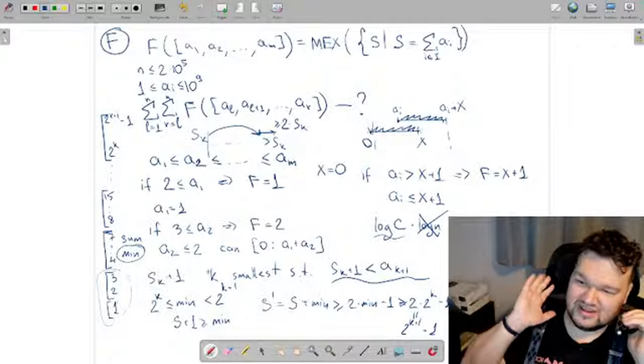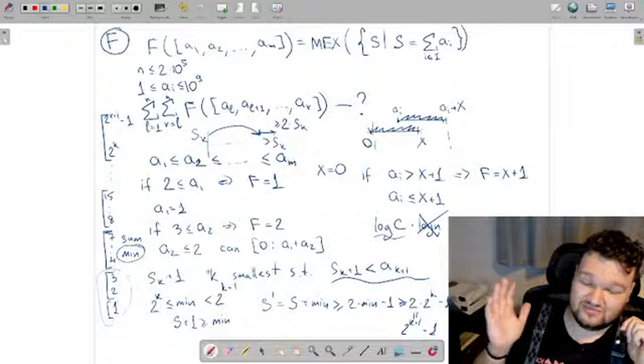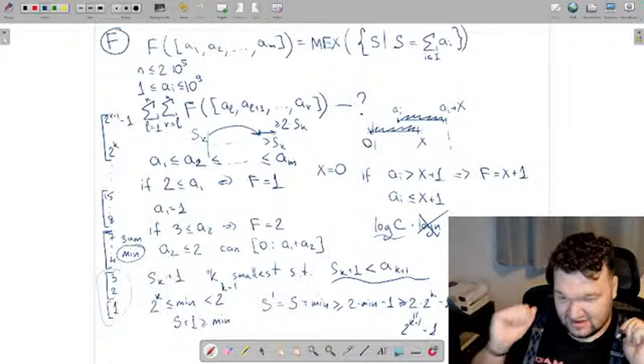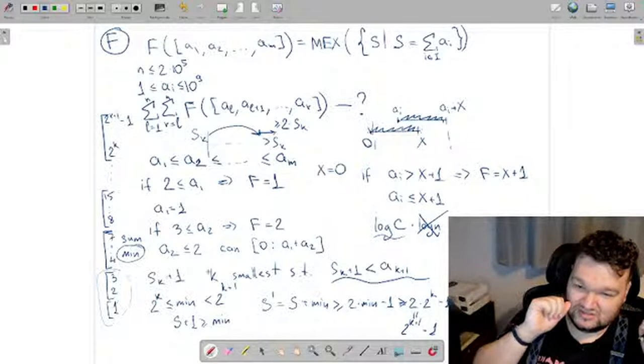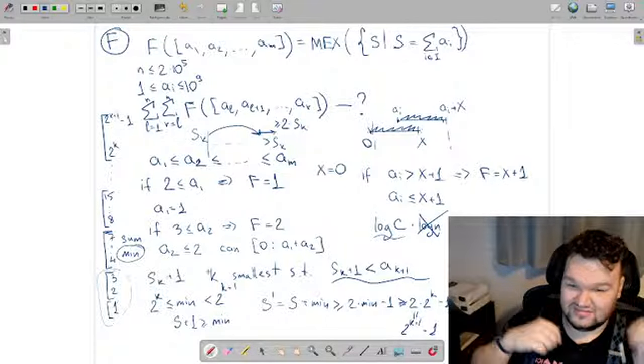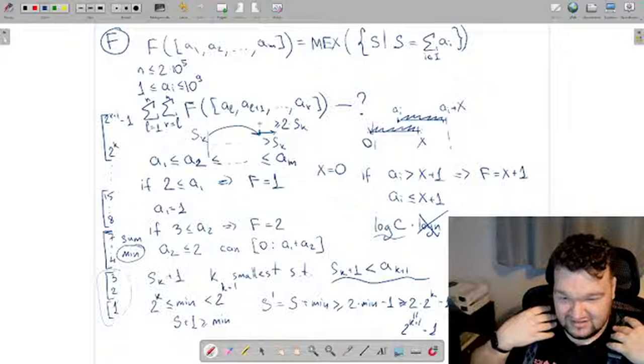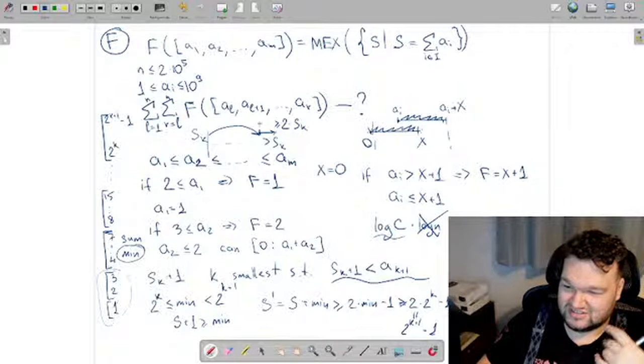We now have a very good algorithm for calculating f. Now we will use it to calculate the answer that we want to find, even faster than just n squared.